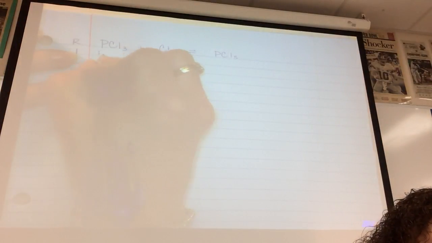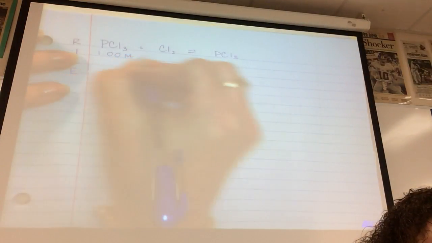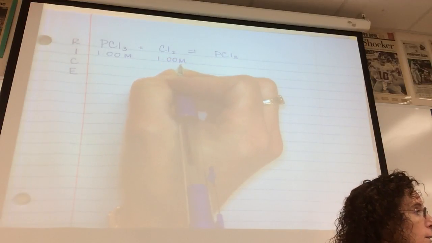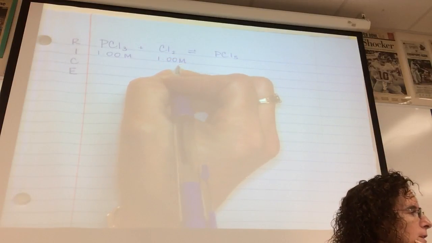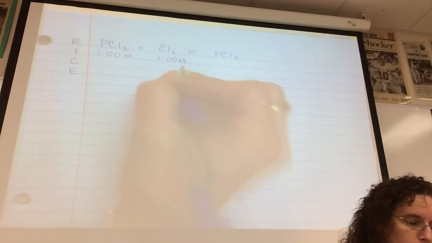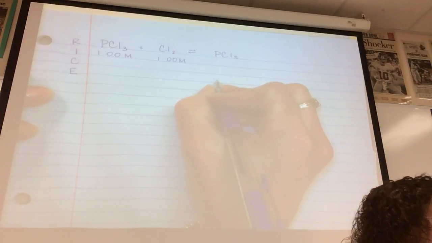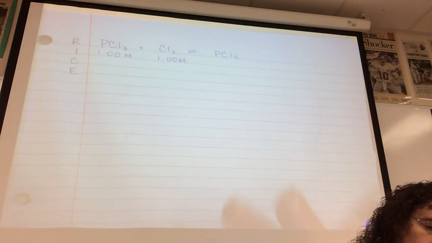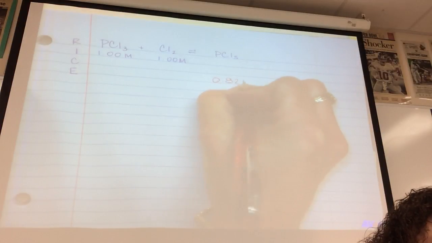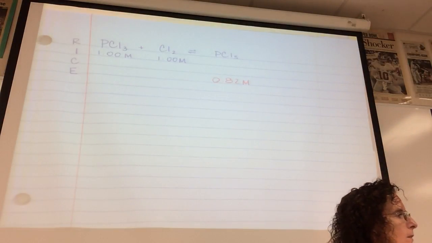Initially we have 1 molar, and the equilibrium amount of phosphorus pentachloride is 0.82 moles in a 1 liter flask. So this, and I can keep it going in red, is 0.82 molar. All of that information was given.